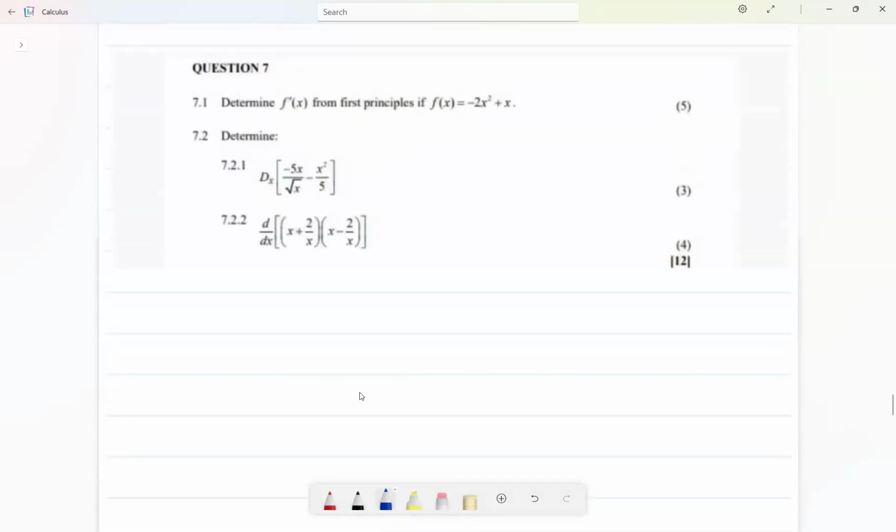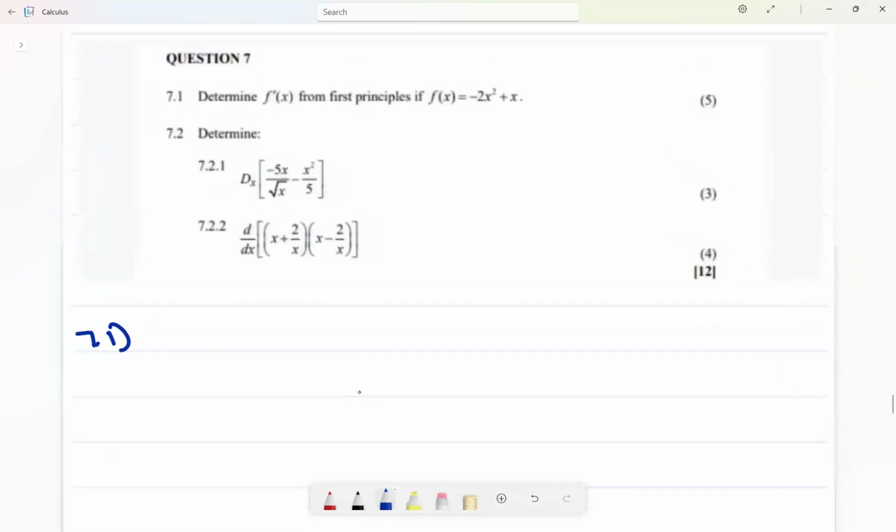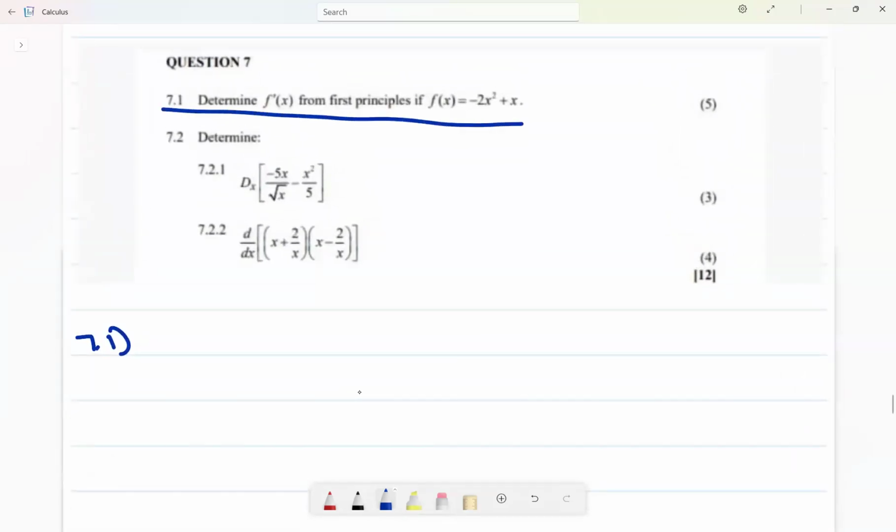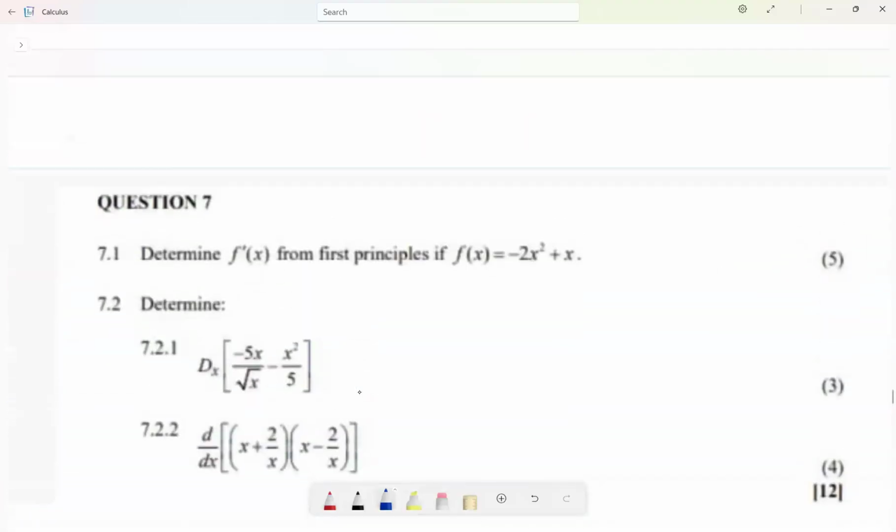Now let's do 7.1. They say determine f prime x from what? From first principle. If you do not see this, it is negative 2x squared plus x.